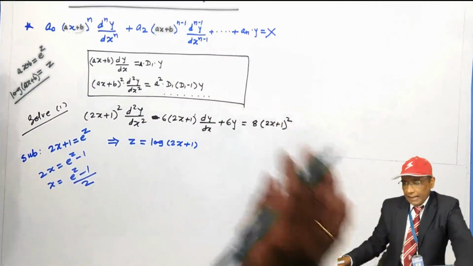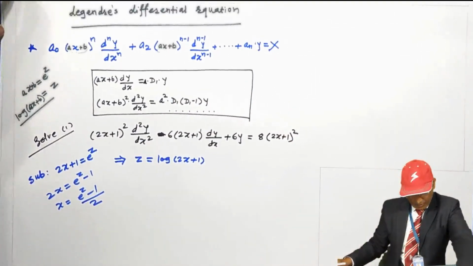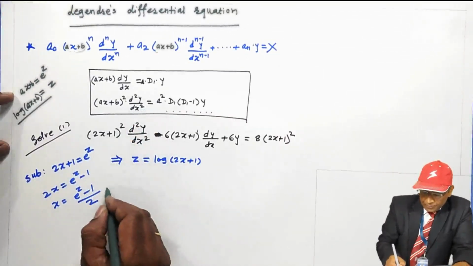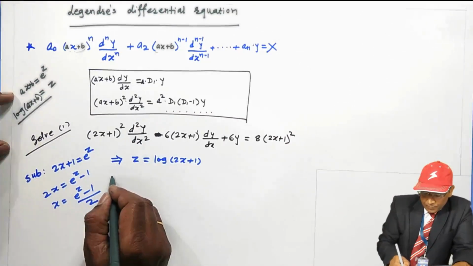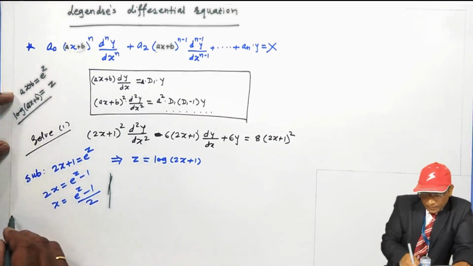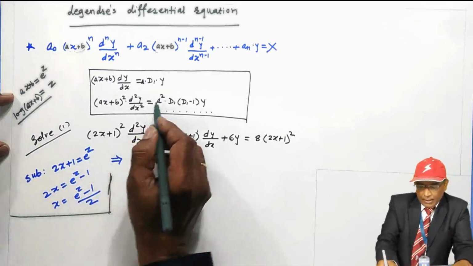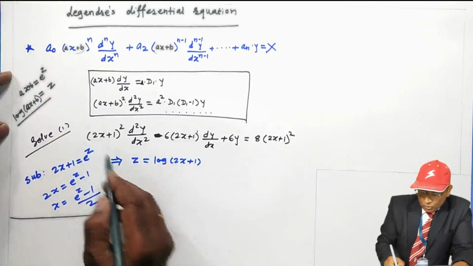Now (2x plus 1), that is (ax plus b) square, d2y by dx square is replaced by what? A square, and a is 2, no?